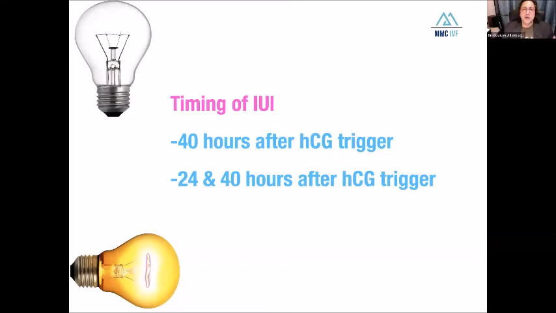But today, peer-reviewed literature tells us that if you are going to do one IUI, then the ideal time is 40 to 42 hours after the HCG trigger. And if we are going to do 2 IUIs, and I prefer 2 IUIs, it's only when a patient cannot afford 2 IUIs that we go in for 1 IUI. If it's 2 IUIs, we do it 24 and 40 hours after the HCG trigger.